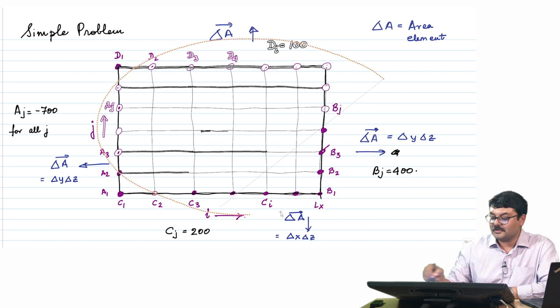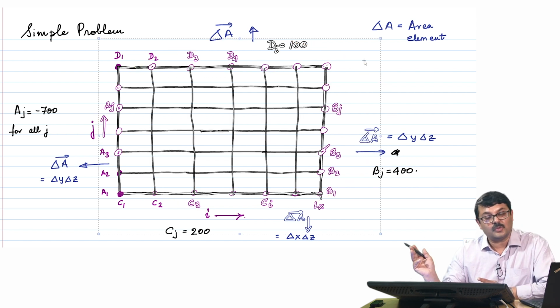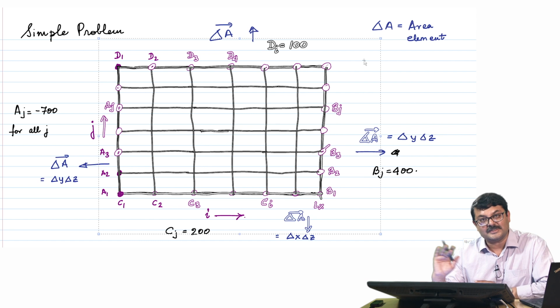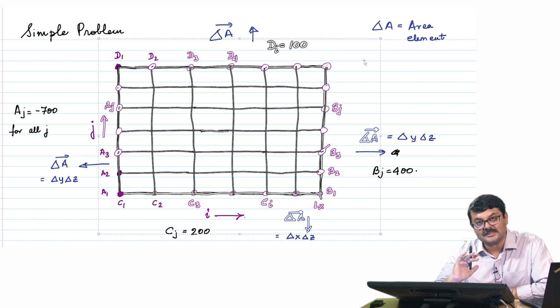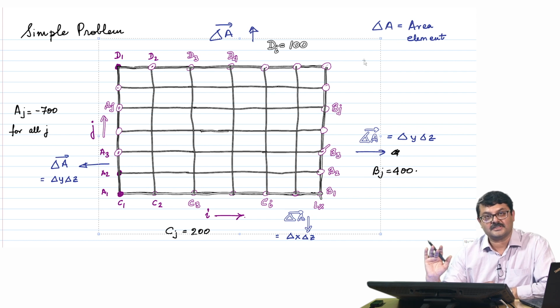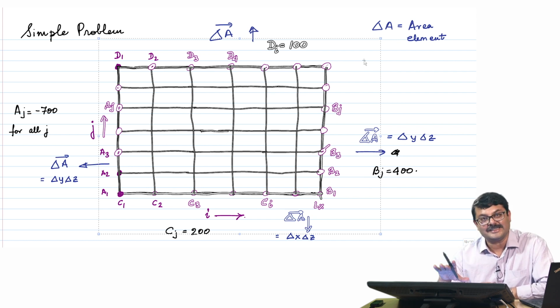But what you have is no del T del time; the time derivative of temperature has been set to 0. That means you are discussing steady state conditions. Temperature is not varying as a function of time. In such a case, the net heat input into the system has to be 0, the net flux of heat.